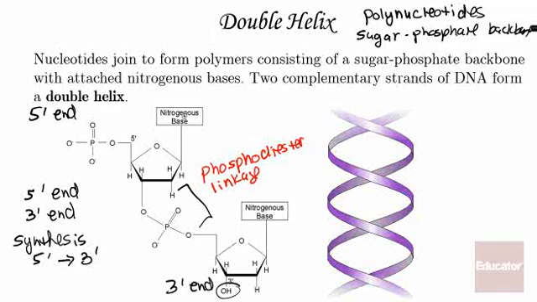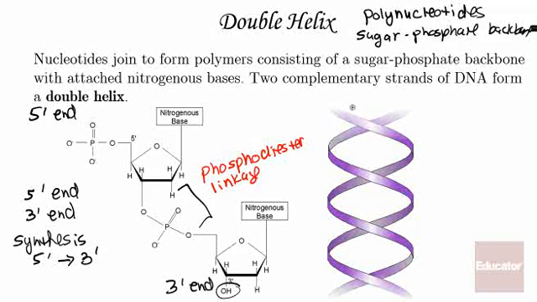The order of these nitrogenous bases is the genetic code. So you could have a strand of DNA that may have a nitrogenous base A attached, the next one's G, then another G, C, T, and it's these bases, it's the order of those bases that encodes the information to make a protein. And it's this information, this order of the bases, that is passed along from parent to offspring.